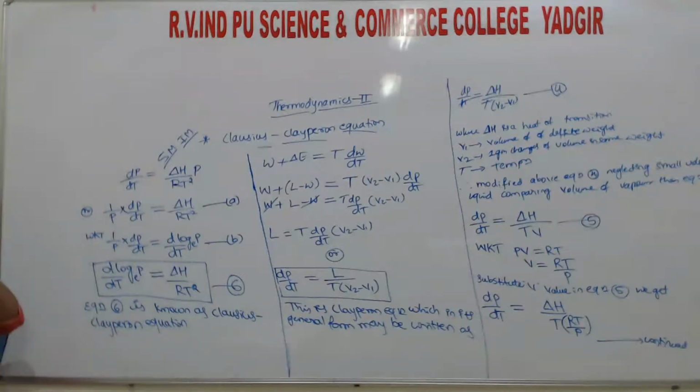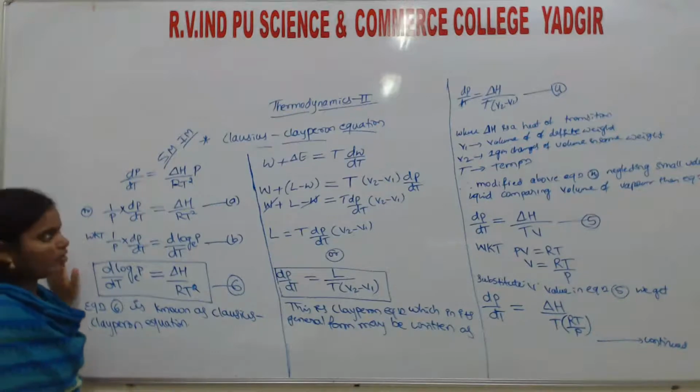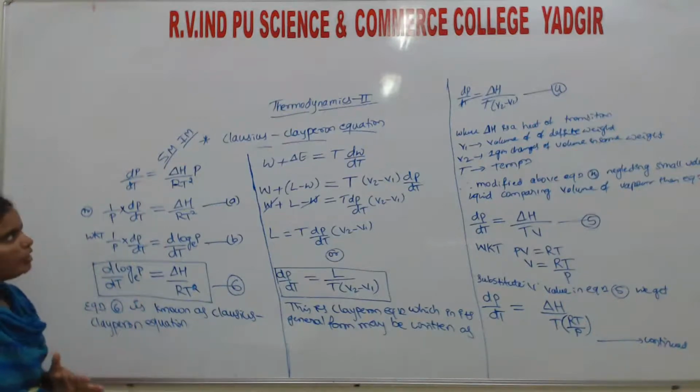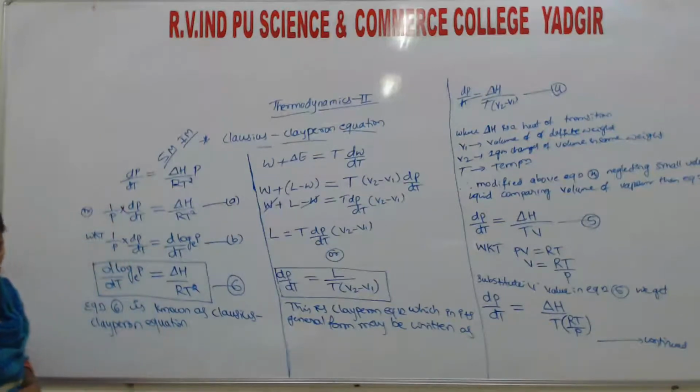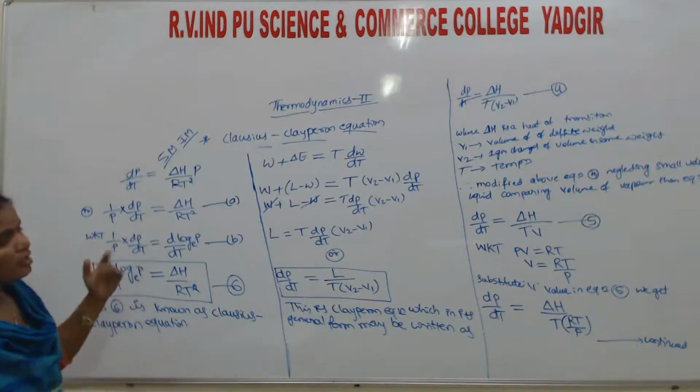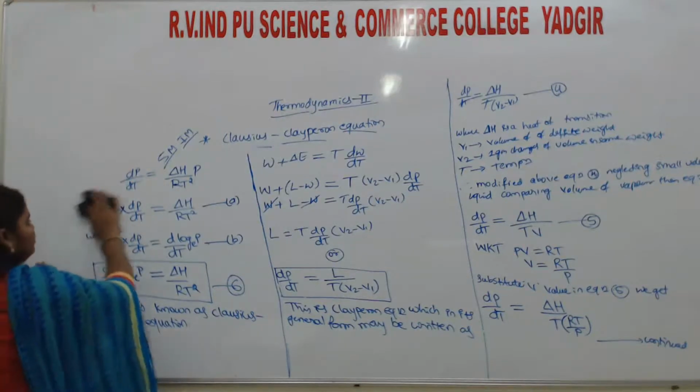Okay, up to here, this you derive in the examination. This is the derivation of the Clausius-Clapeyron equation. Next, the applications of the Clausius-Clapeyron equation.